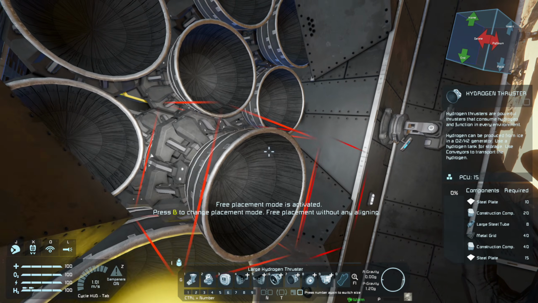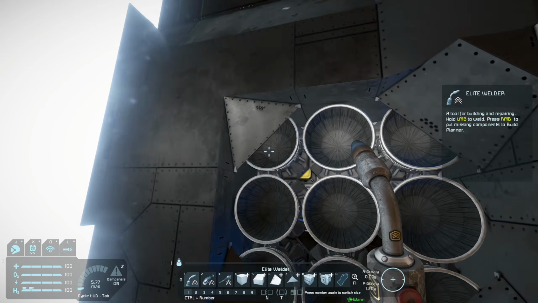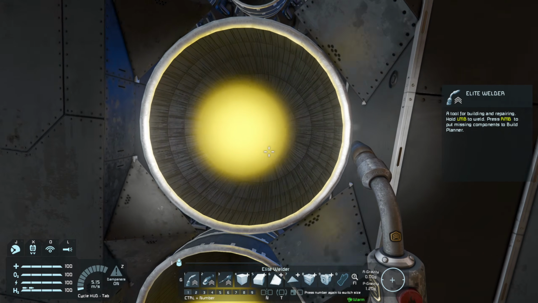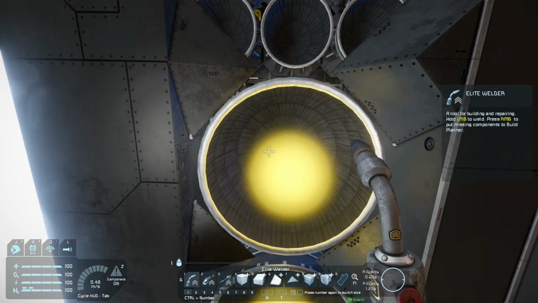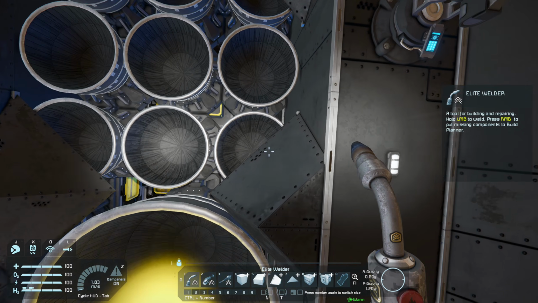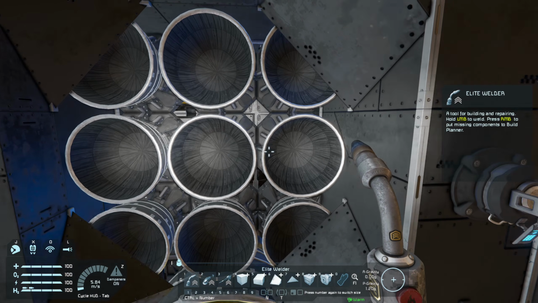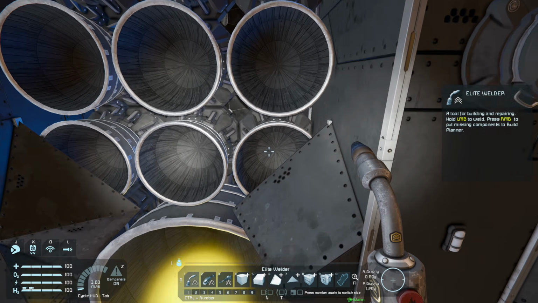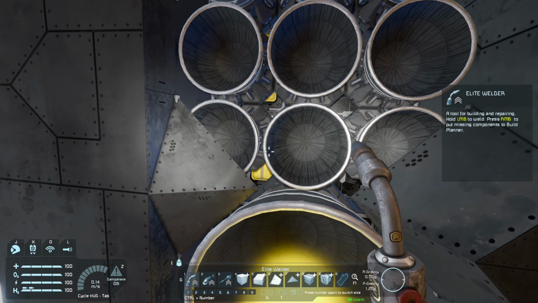Now this will actually give me more thrust than this one single thruster. So this single thruster here will give me 7.2 meganewtons worth of thrust, and these 9 thrusters, each being 1.1, will give me 9.9 meganewtons worth of thrust.